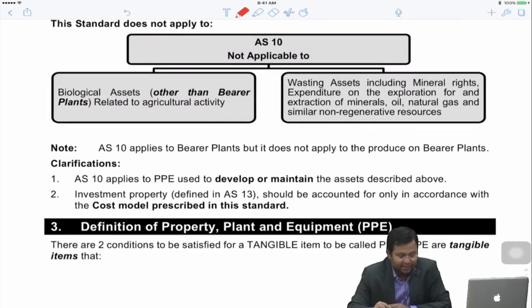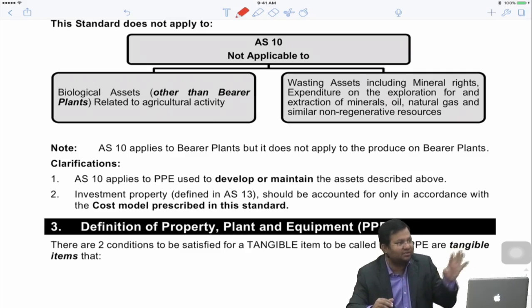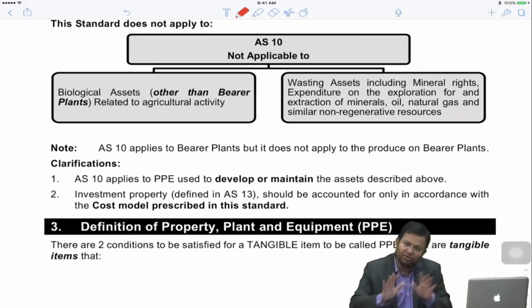So it is not applicable to wasting assets including mineral rights or expenditure incurred on exploration for or extraction of minerals or oil or natural gas or other similar non-regenerative resources. Non-regenerative है, crude oil कितना है, coal कितना है, copper कितना है माइन के अंदर, वो एक फिक्स होता है. ऐसे copper का प्रोडक्शन नहीं कर सकते आप. जमीन के अंदर कितना कॉपर है उतना ही है, आप कॉपर की बारिश नहीं गिरा सकते हो.